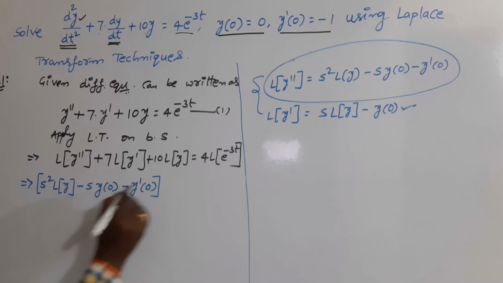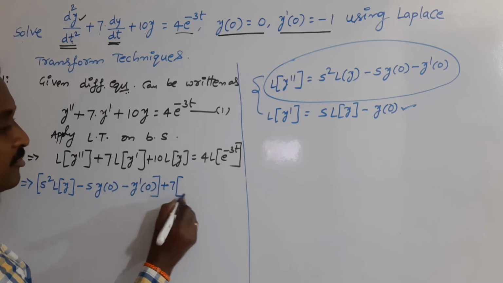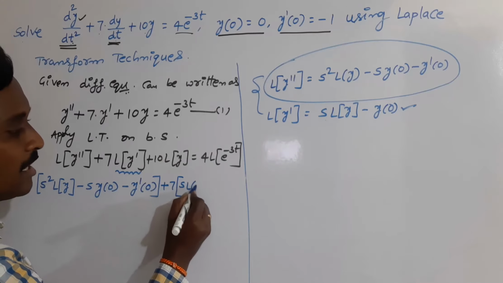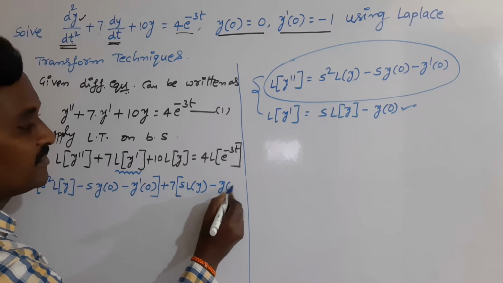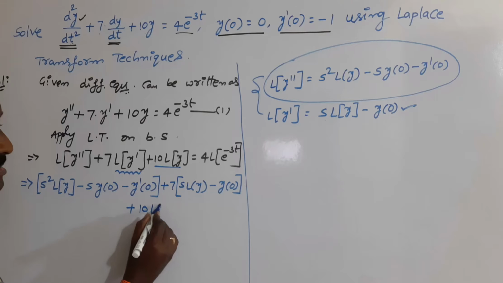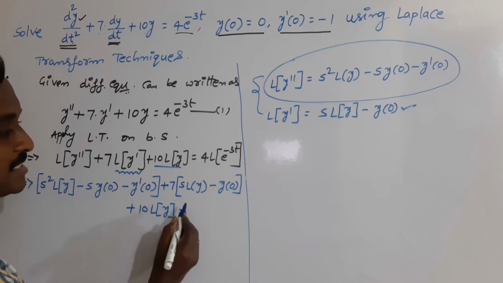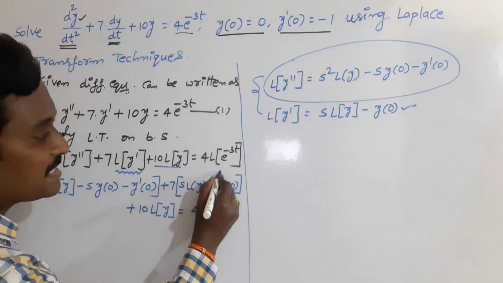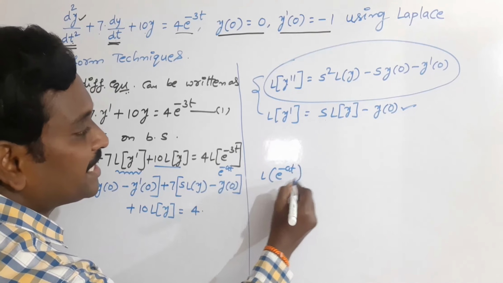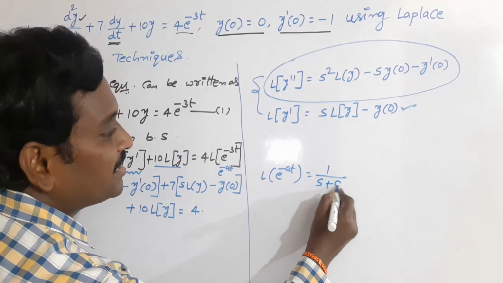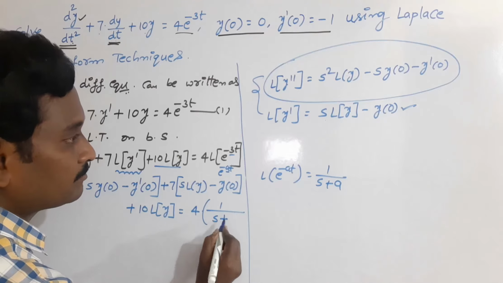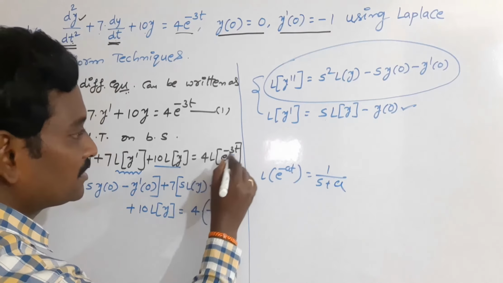This is the first one, plus 7 into the formula for L of y dash, which is s into L of y minus y of 0, plus the last term 10 into L of y is equal to 4 into, clearly it is in the form of L of e power minus at. What is the formula for L of e power minus at? 1 by s plus a. Here we have a is equal to 3. That's why you will get 1 by s plus 3.